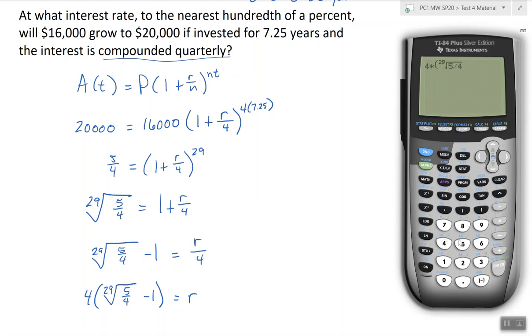Get out of the radical and subtract your 1, close your parentheses, and hit enter, and we get an interest rate of 0.030897. If we want to round this to the nearest hundredth of a percent, it's going to be 3.09. So 3.09% is our interest rate on that.